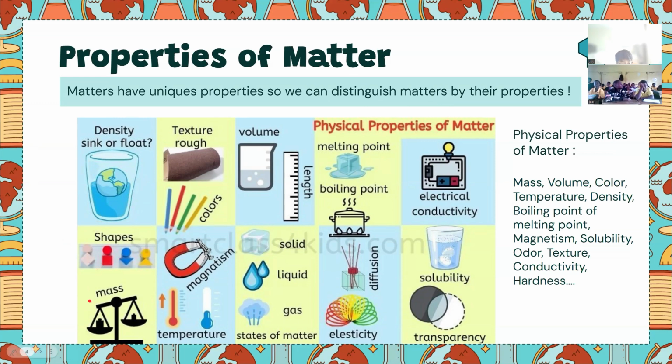There is shape, mass, texture, color, magnetism, temperature, volume or length, the states of matter (solid, liquid, gas), and melting points and boiling points. All of these are different types of physical properties. We can look at them and test each physical property.